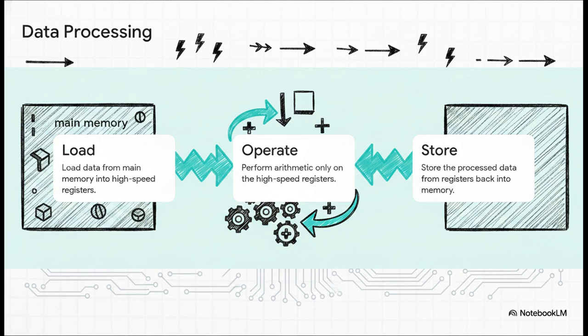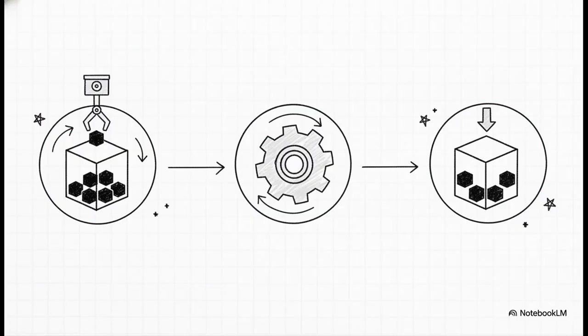In a RISC system, the instructions that actually perform the arithmetic and run tests operate only on these high-speed registers. If you need to access data in the main memory of the computer, you have to use separate, dedicated instructions that only load data from the memory into the registers or store data from the registers back into the memory. So the absolutely crucial takeaway here is this: one instruction equals exactly one function.